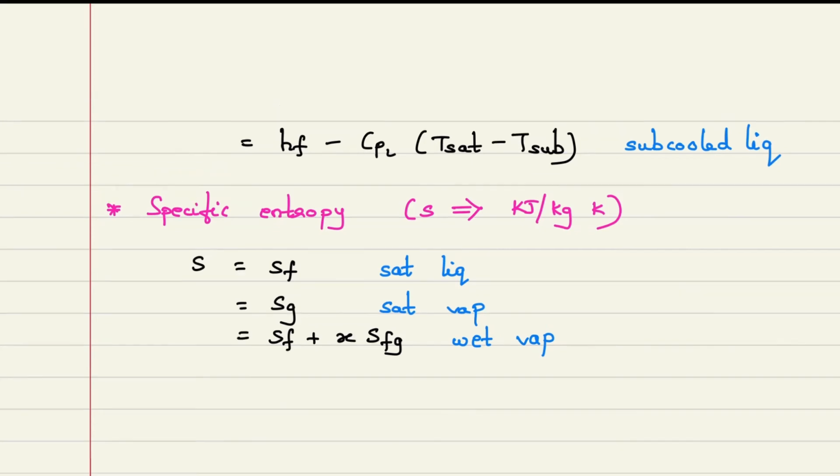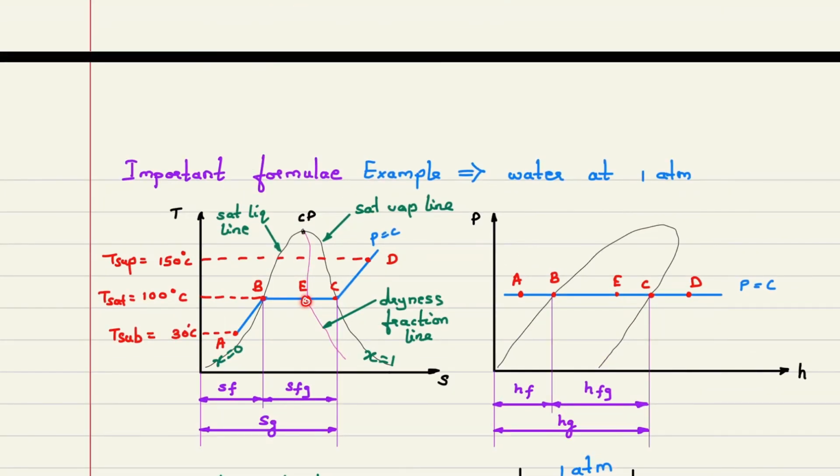Which point are we talking about? Point number E. This point will be Sf plus dryness fraction into Sfg. Then we will see superheated steam, point number D. Up to point C it is Sg. So S is equal to Sg plus Cp of vapor log of Tsup upon Tsat. Here we are using log because, if you recall the entropy module of thermodynamics, there was a derivation for liquid and vapor entropy formulas.